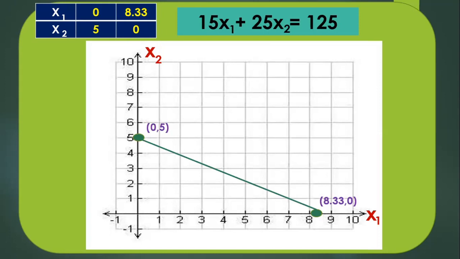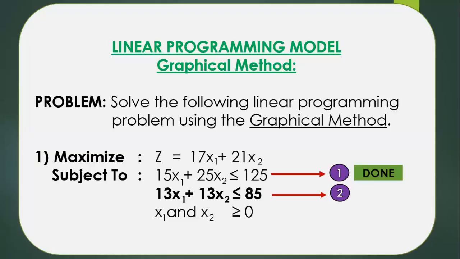Now, going back to our constraint, the next thing that we need to do is to plot our second line. And in order to do that, we need to make use of our second linear structural constraint. Since we are now done with the first linear structural constraint, this is now time for us to make use of our second linear structural constraint for our second line.